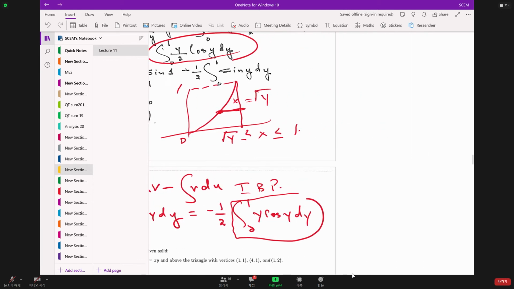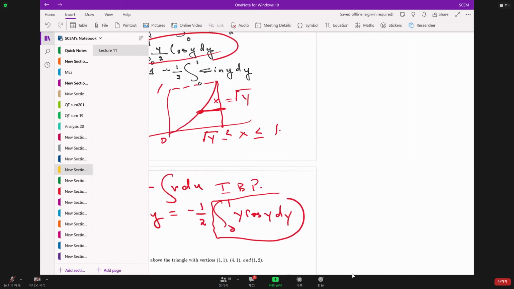So now let's work that out by parts: integral from 0 to 1 of y cos y. You can choose either as your u or v, but here it is good to choose y as your u and this as dv, because what we're trying to do is get rid of the y.